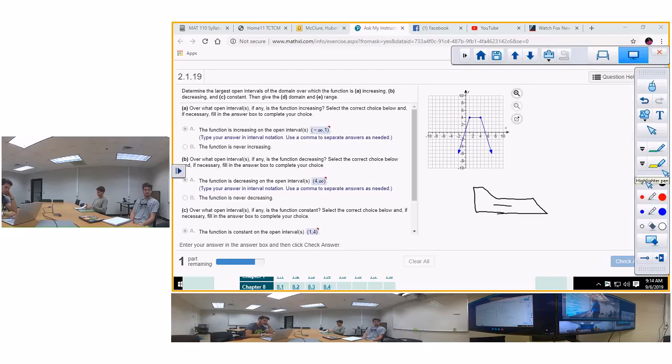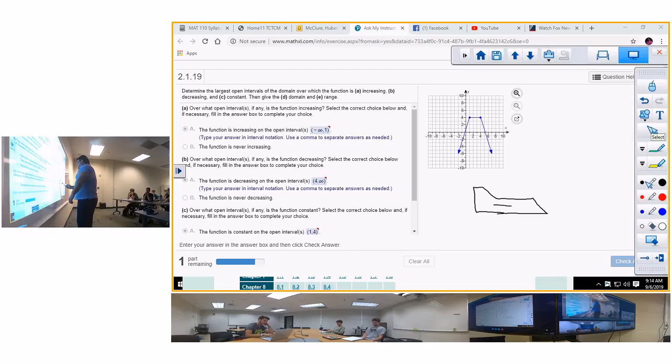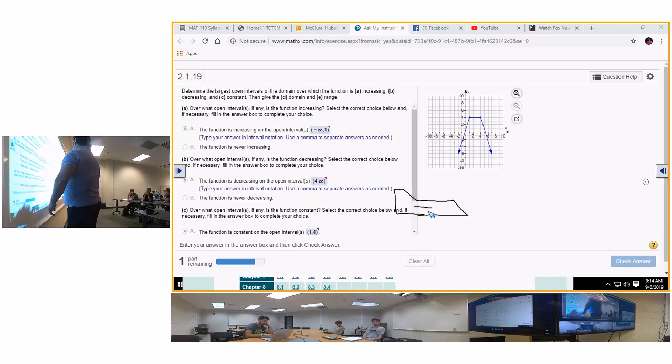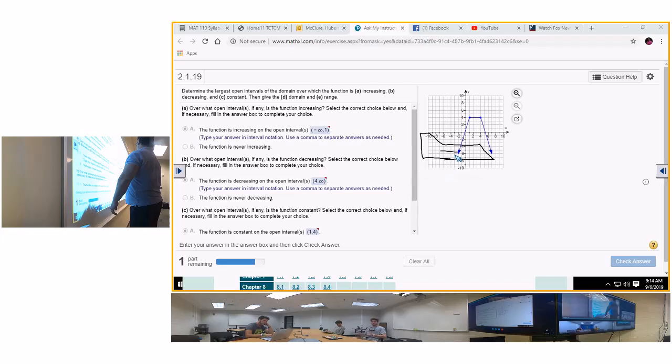We're going to do increasing and decreasing first. So we read from left to right. What is that plane doing right there? It's increasing, then it's constant, then it's decreasing.